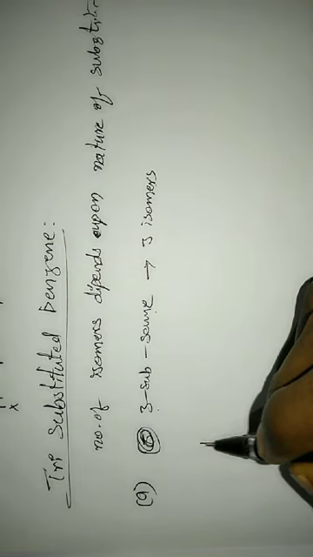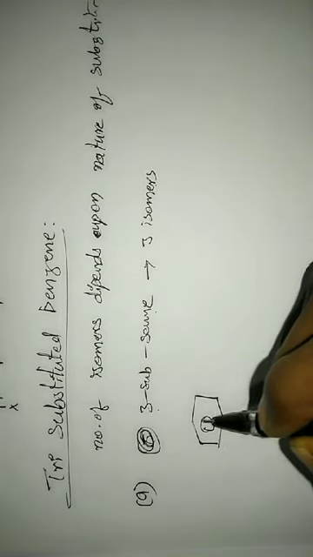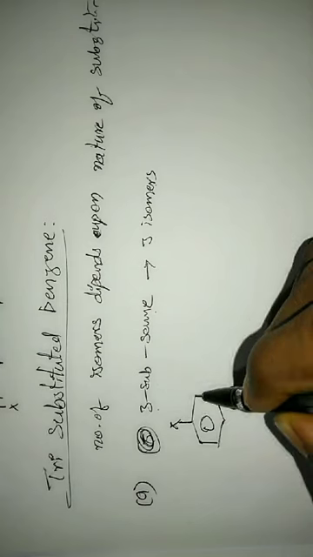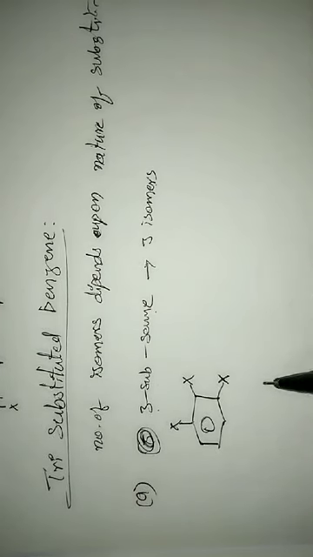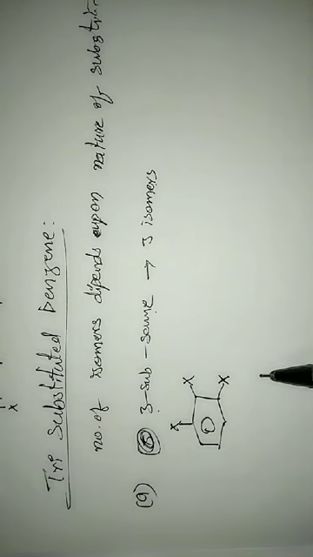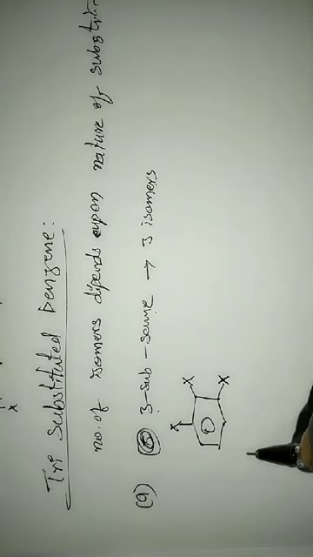For example, here this is the first isomer of trisubstituted benzene. This is the adjacent isomer.